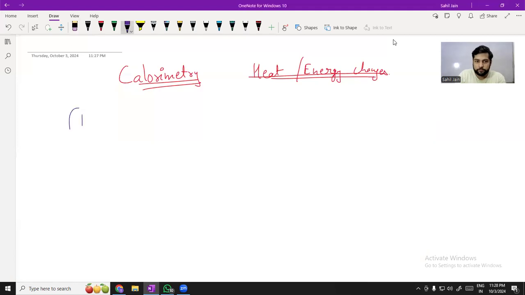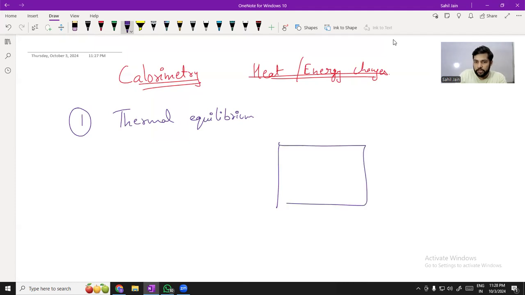First of all, you need to know what is a thermal equilibrium. See, if I have a system A, it can have anything. Let us say it has 20 grams of water.